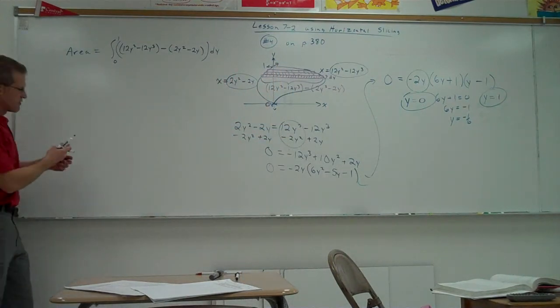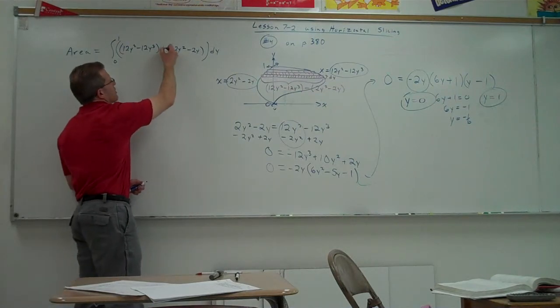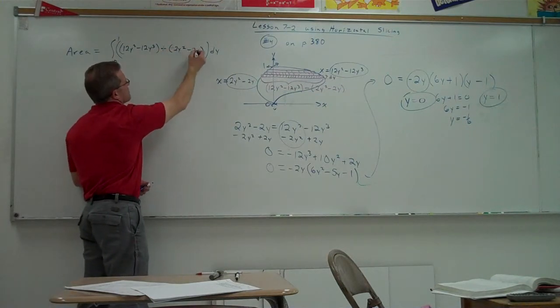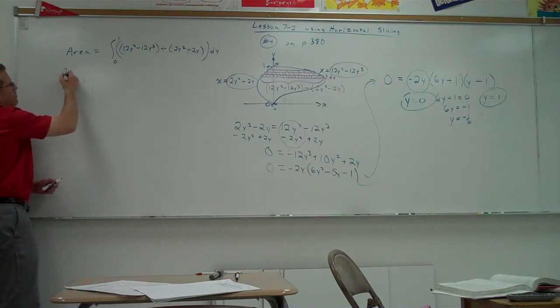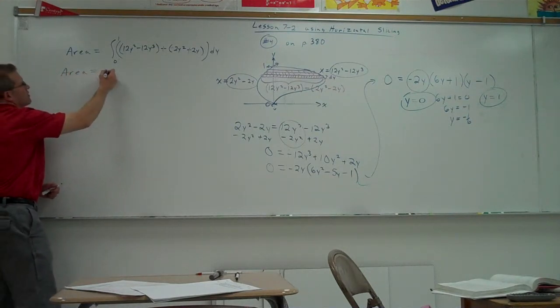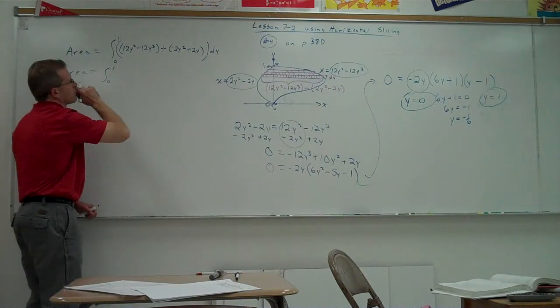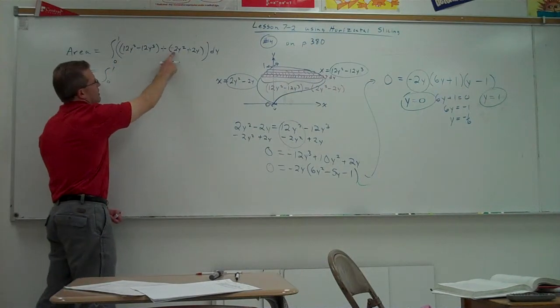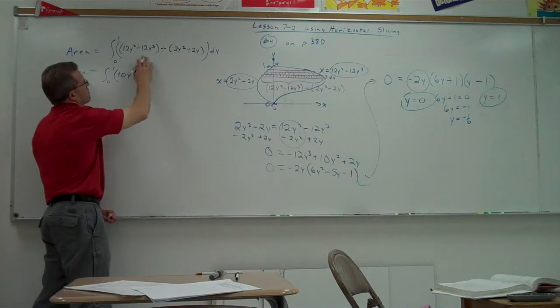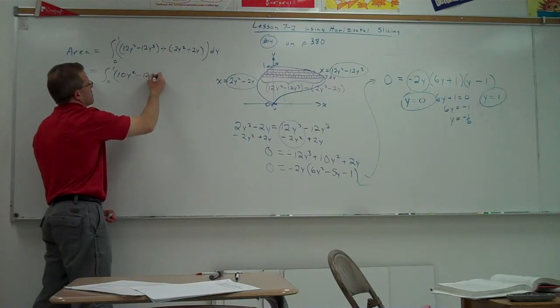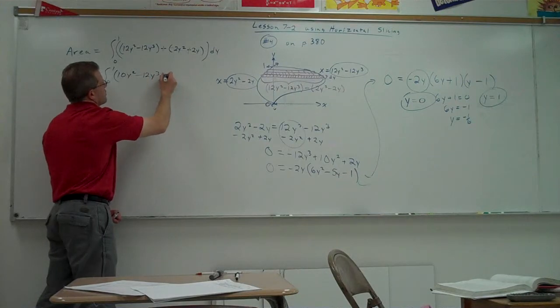Now let's go ahead and simplify. Change this subtraction to plus, change the signs in the second parenthesis, and try to make that a little bit simpler before we do the integral. So I'm going to have 12y squared plus negative 2y squared, that's 10y squared, minus 12y cubed, plus 2y.